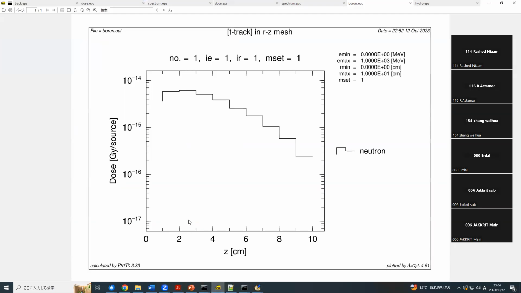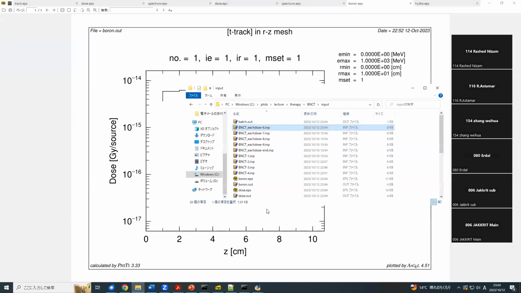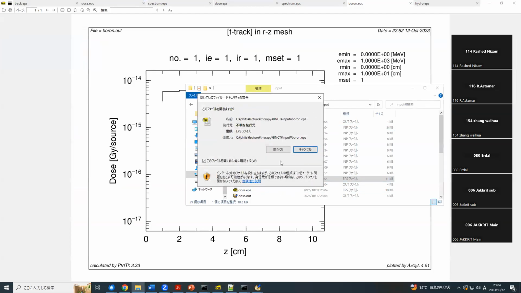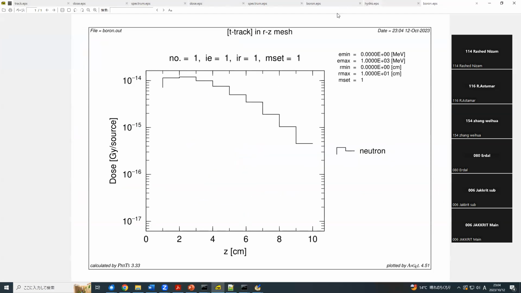Then the volume dose is increased. This one is the volume dose for 10 ppm, and this one is 20 ppm. So it is almost double, but the deeper location is slightly different, not double, because more neutrons are captured at the shallower locations.